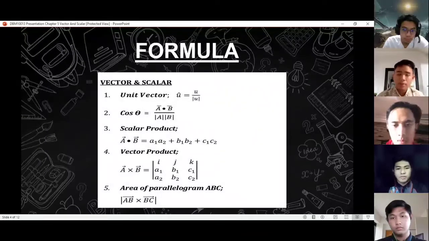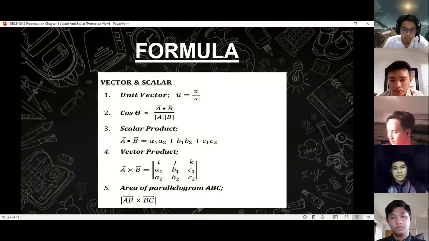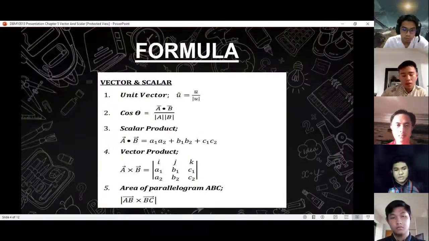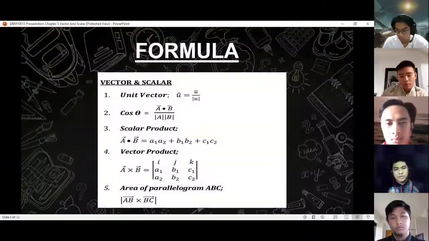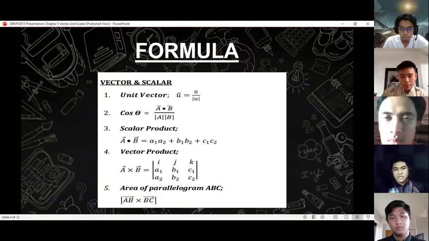Now I will talk about the formulas for vector and scalar. The first one is the unit vector: unit vector u equals vector u over magnitude u. The second one is cos theta equals a dot b over magnitude a times magnitude b. The third one is the scalar product, where a dot b equals a1 times a2 plus b1 times b2 plus c1 times c2.